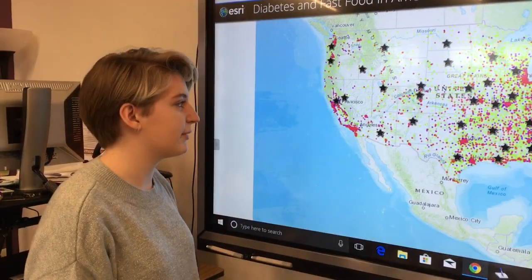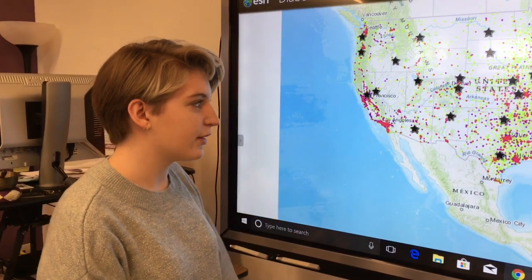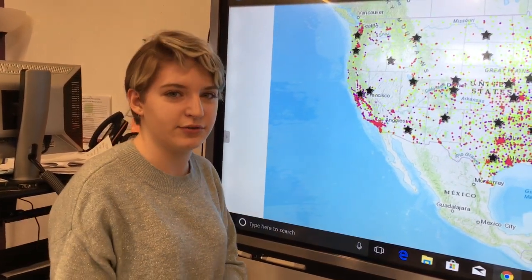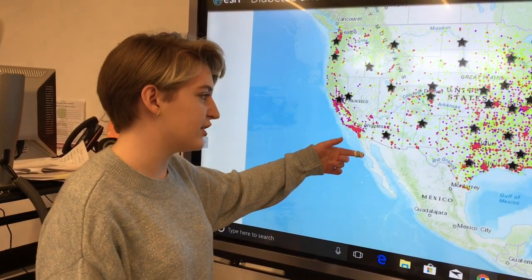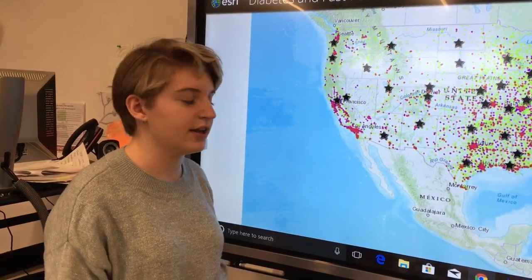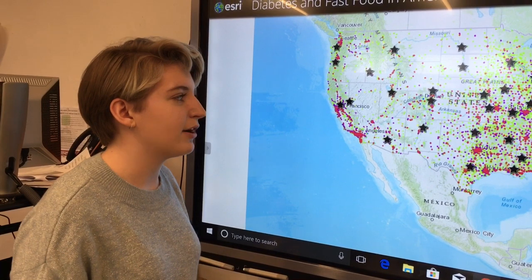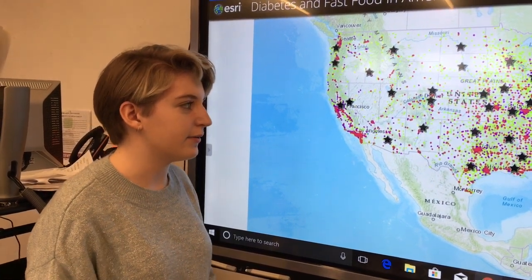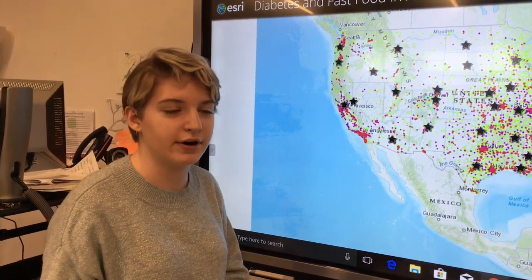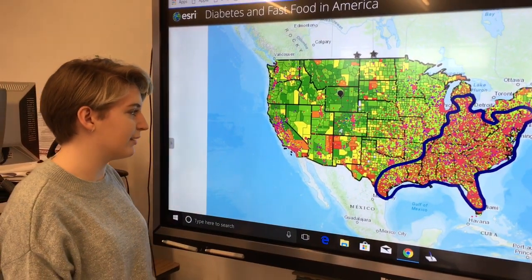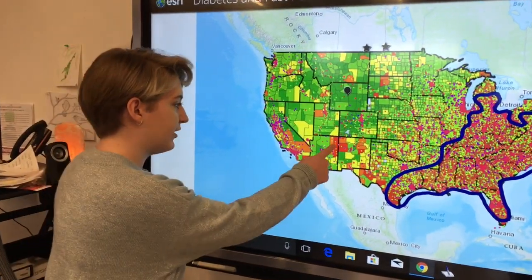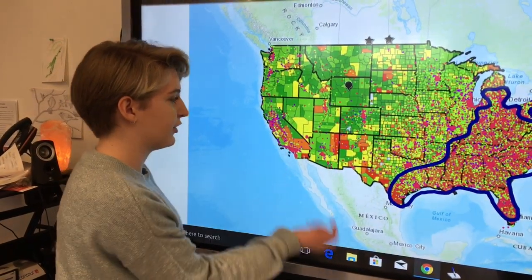One of my essential questions was, where do people who are obese or have type 2 diabetes live in regards to major cities? I had found a study in the UK saying that there are about twice as many fast food restaurants in poor income residences. The layer that I have is the type 2 diabetes map. The red is where it's the worst, and the green is where it's better.